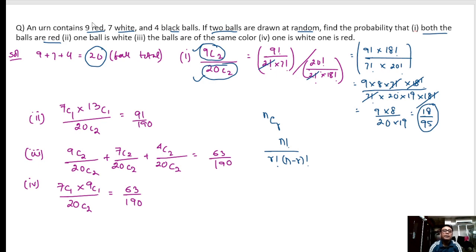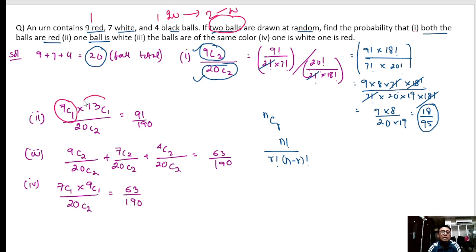And now they are telling one ball is white. Okay, you have to find out one ball should be white. You are drawing how many balls? You are drawing 2 balls. From the 20 balls, you will draw 2 balls and one should be white. So white there are 7. So out of 7 you need 1. So remaining there are 9 and 4, 13.